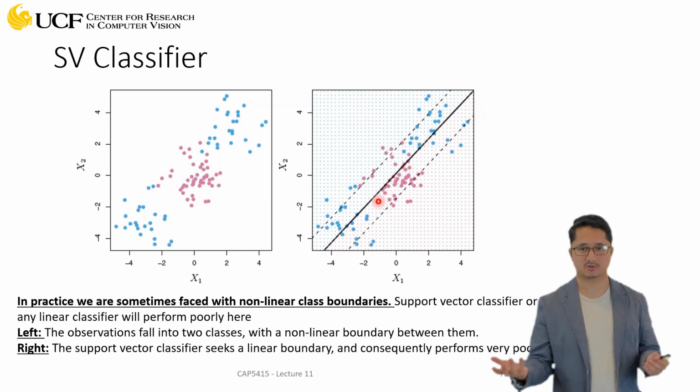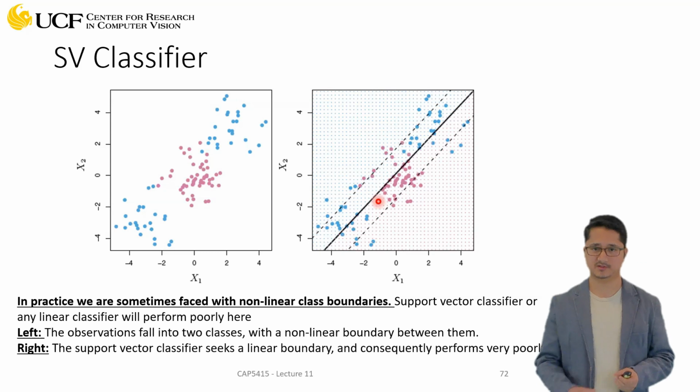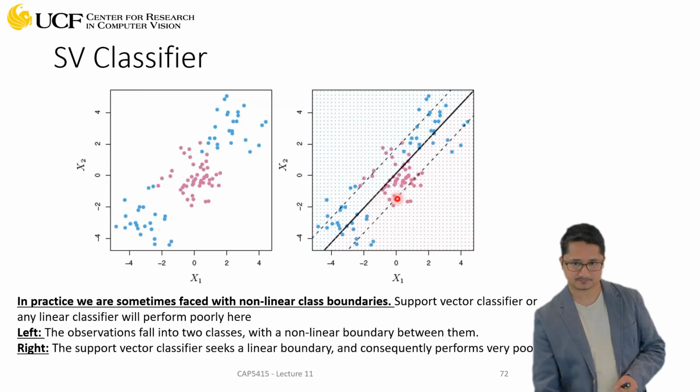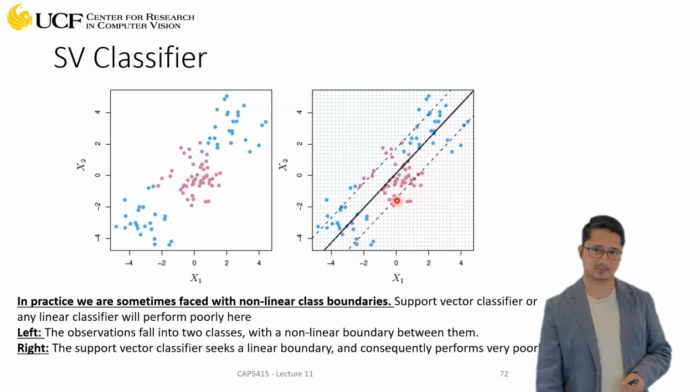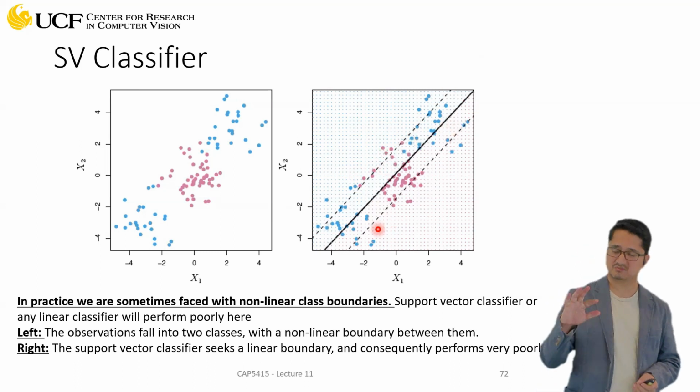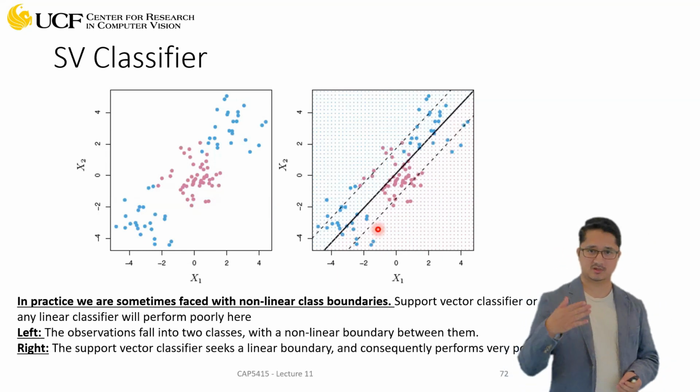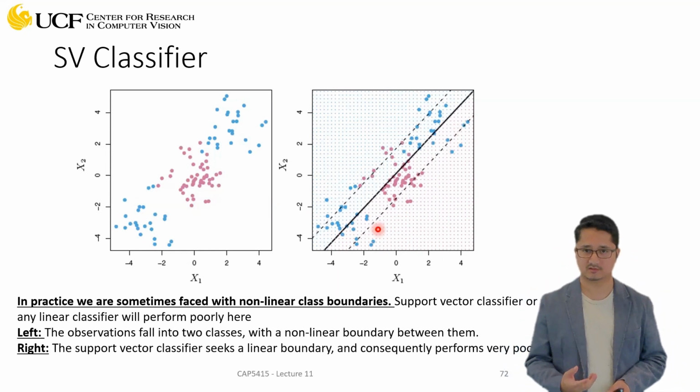Let's say your accuracy could be 40%, 50%, depending upon how many of these samples are falling in this side. So all these purple ones are correct and all these blue ones are correct. But then you might have a lot of purples here as well and a lot of blues here as well. So you might get 40%, 50%, but it can never go beyond that, because it doesn't have the capability to separate this kind of space.